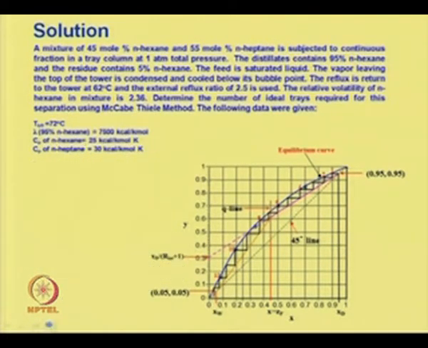Now, the data which are given: XD is 0.95, XW is 0.05, and q is equal to 1, saturated liquid. So, slope is equal to q by q minus 1, which is equal to infinite.